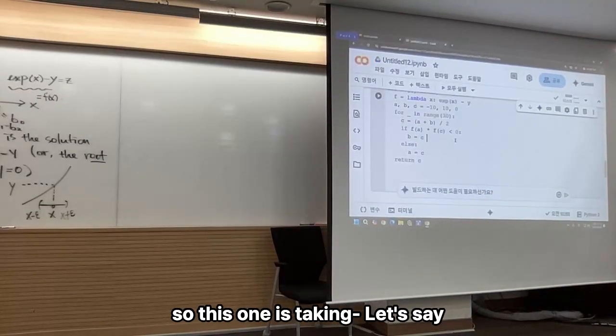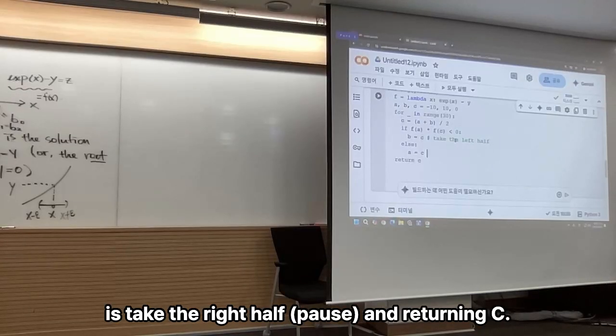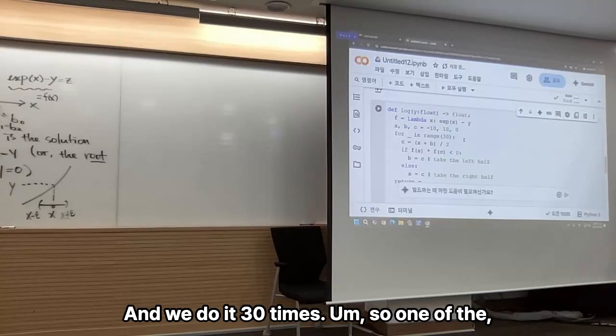Let's say this one takes the left half, and this one takes the right half, and returning C. So we do it 30 times.